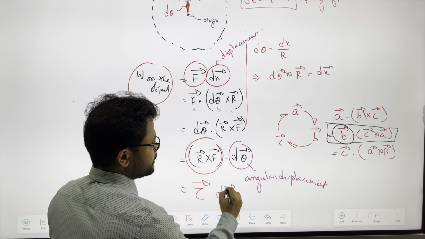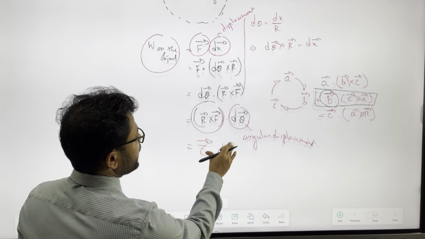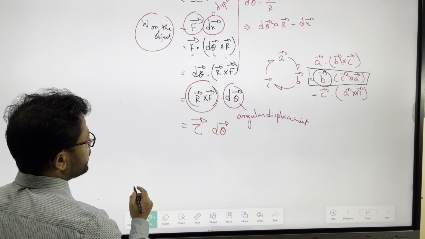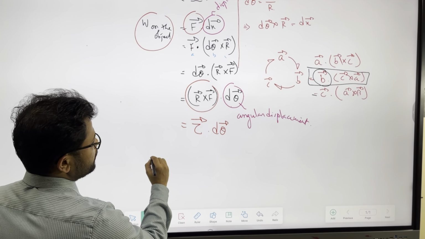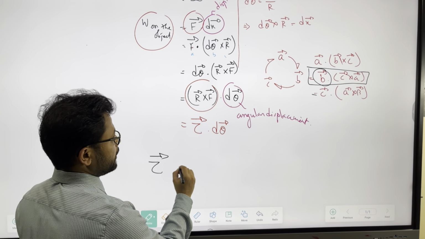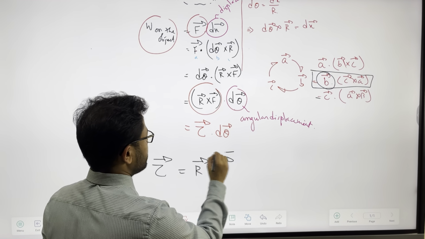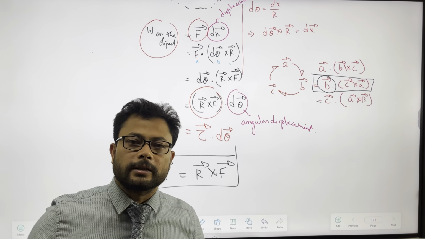Okay, so this is a symbol for torque, and thus we have come up with a formula, and it is what? This torque vector is termed as r vector cross F vector. This is it.